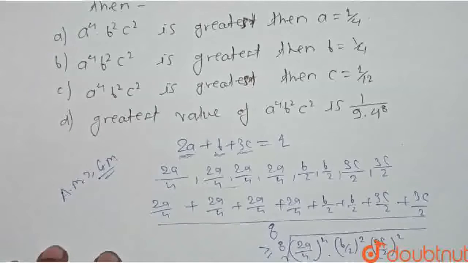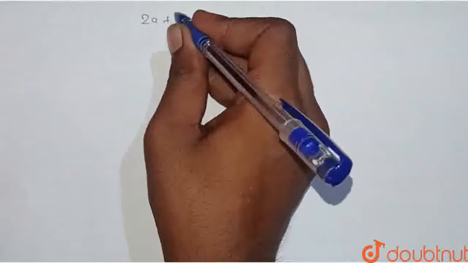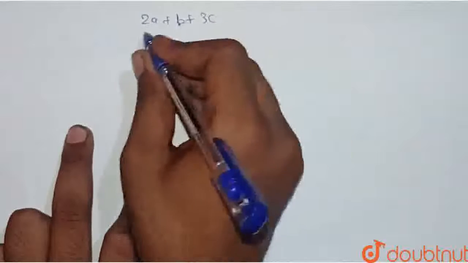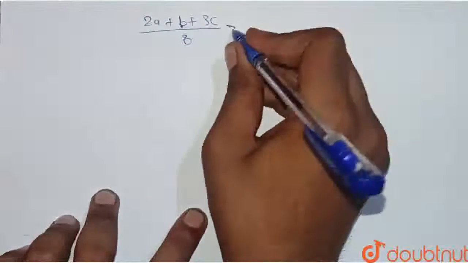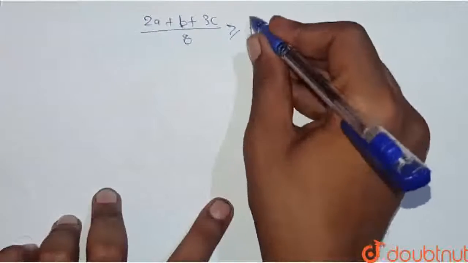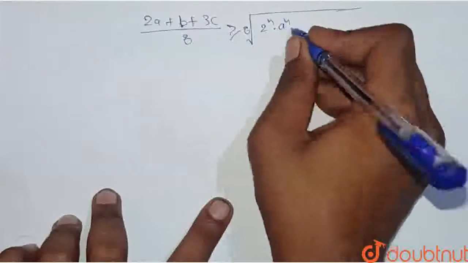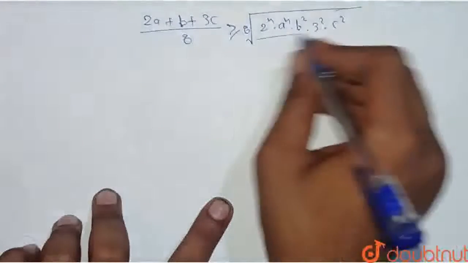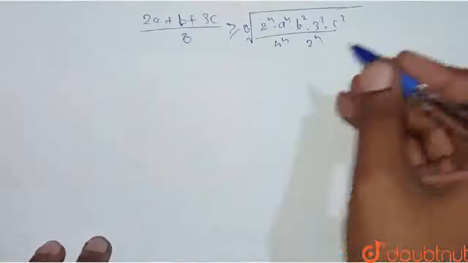So from here, if we simplify this equation, after simplifying we can write (2a plus b plus 3c) by 8 is greater than or equal to the 8th root of 2 raised to the power 4 a raised to the power 4 b square into 3 square c square by 4 raised to the power 4 into 2 raised to the power 4.